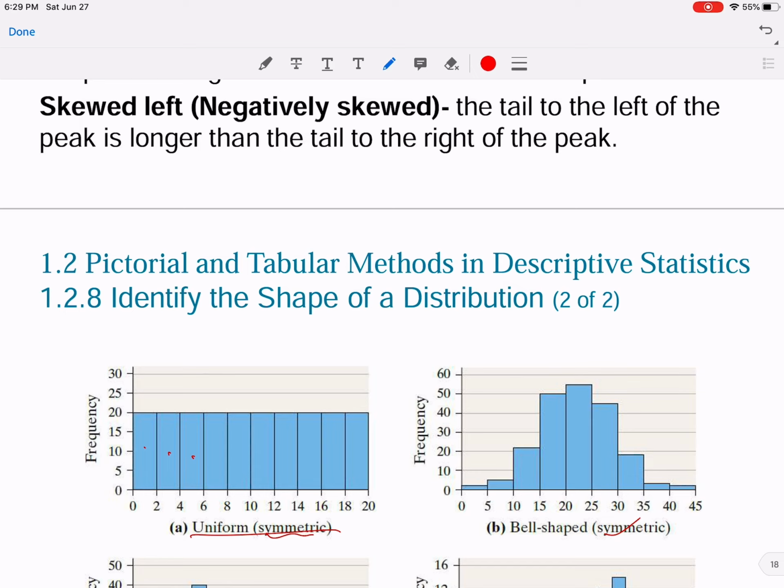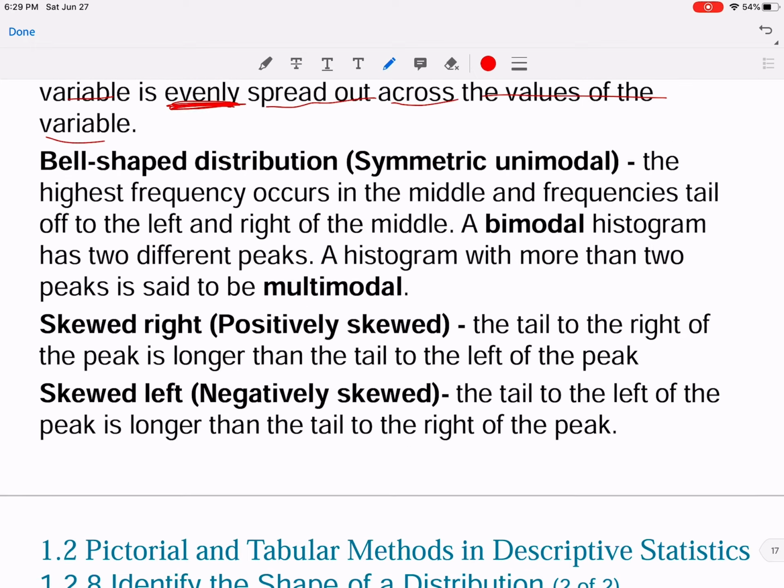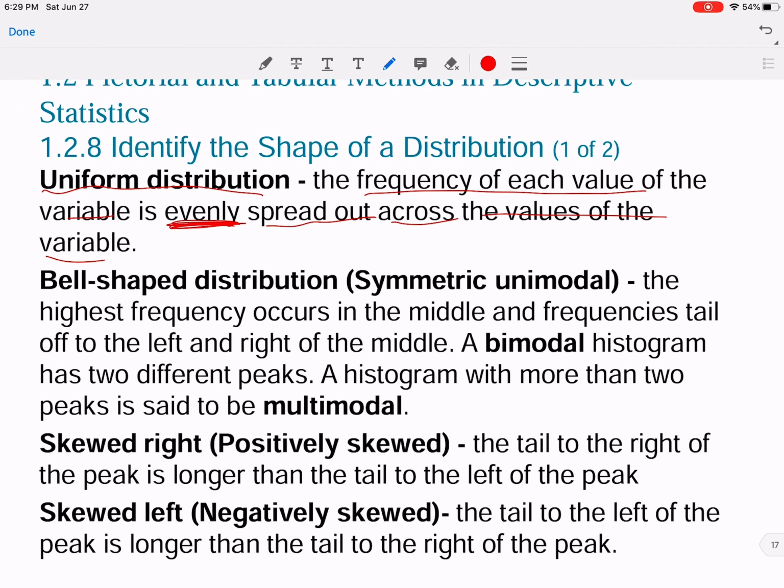So this is a uniform distribution. And in the future, if you see something like this, every rectangle has the same height, it is always a uniform distribution. Okay. Second one, the bell-shaped distribution, which is also called symmetric unimodal.